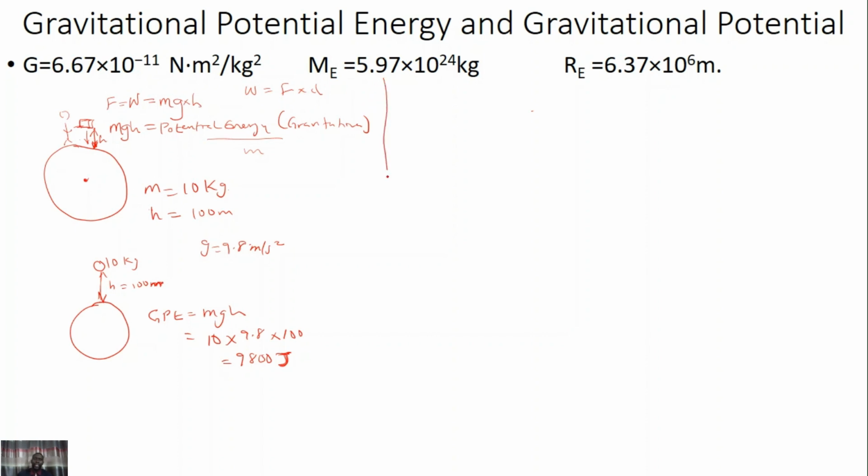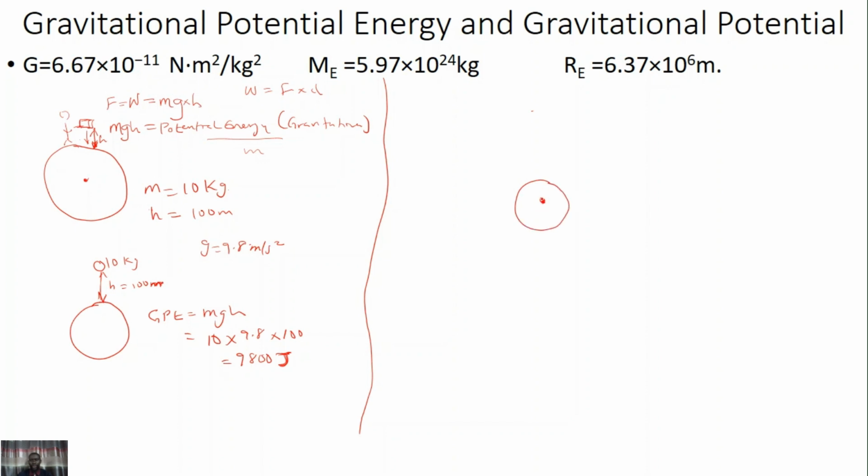Now, one challenge with using this equation in calculating the gravitational potential energy is that the gravitational field, the force in the gravitational field, is not uniform. And the reason is simple.